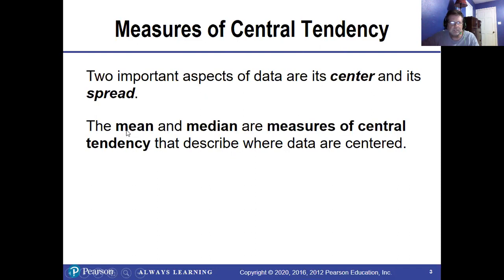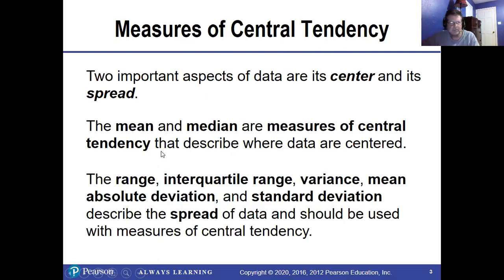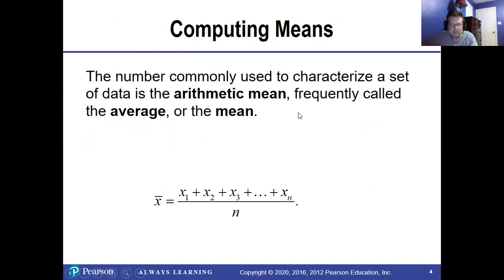The mean is your average, the median is the middle. Then you have the range, interquartile range, variance, mean absolute deviation, and standard deviation, which describe how far apart your numbers are spread. So that's what they mean when they talk about center and spread.